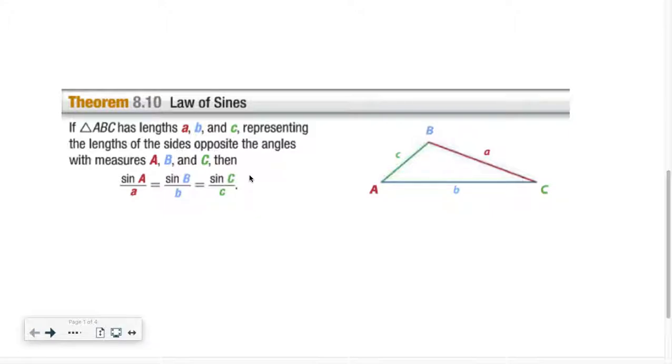So you can set up this proportion, where all of these ratios are equal. The sine of the angle over the opposite side is equal to the sine of the other angles over the opposite side.